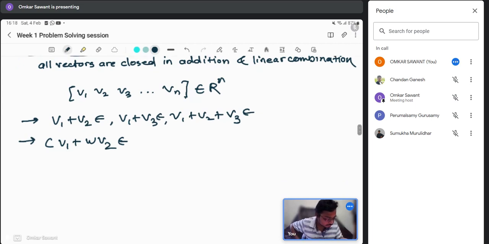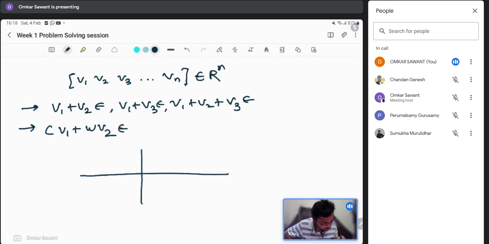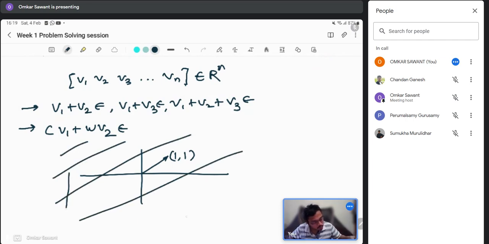For example, suppose we have some vector, say (1, 1). This is your vector space, the entire plane, all four quadrants.